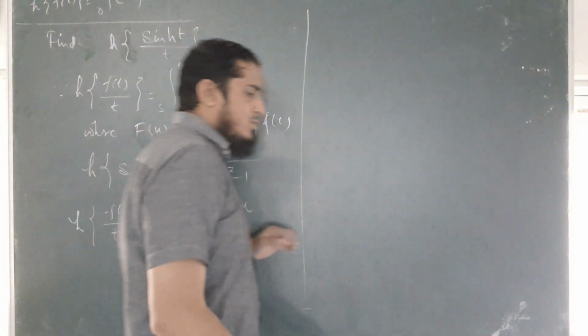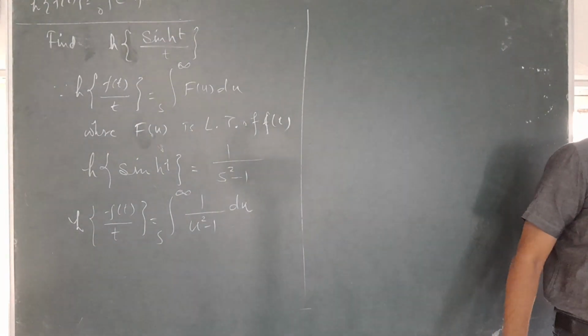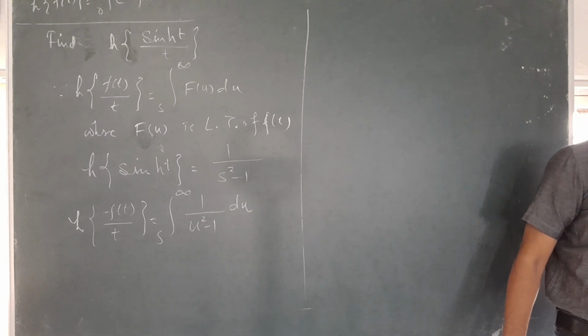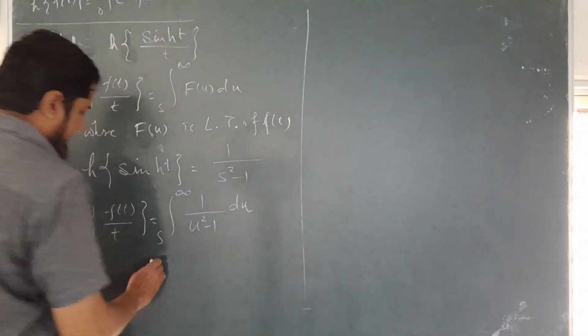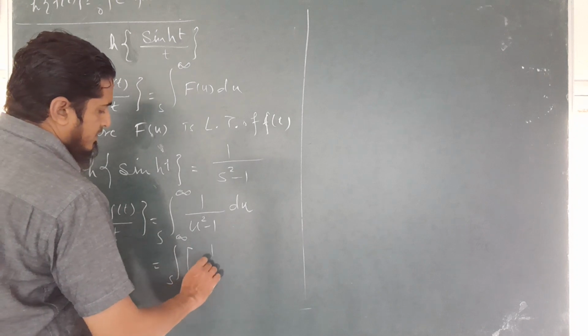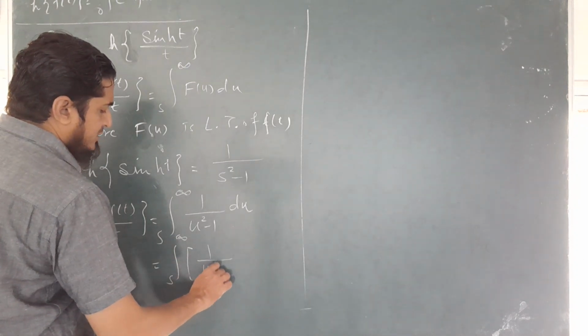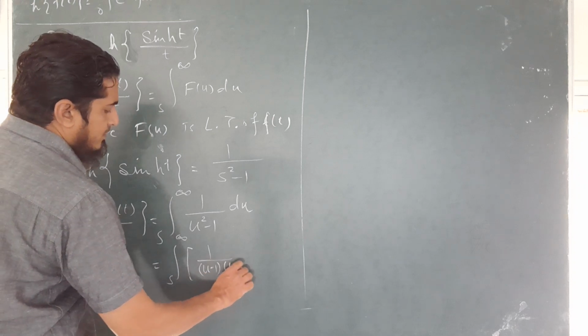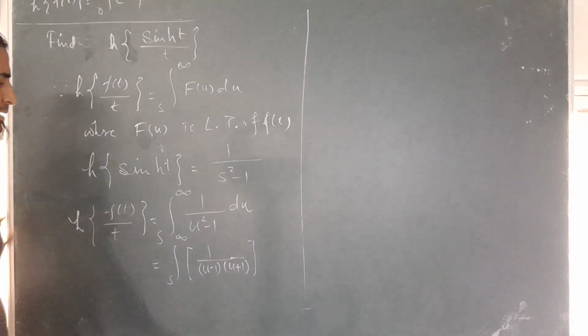Correct? Now we can write this as integration from s to infinity 1 upon u minus 1 and 1 upon u plus 1. Correct? du.